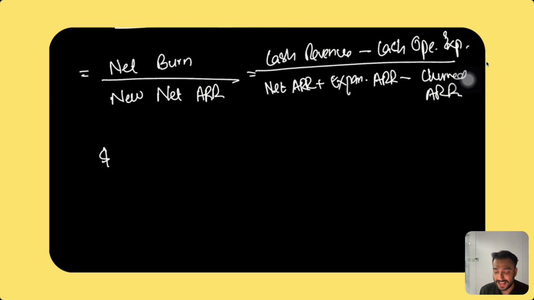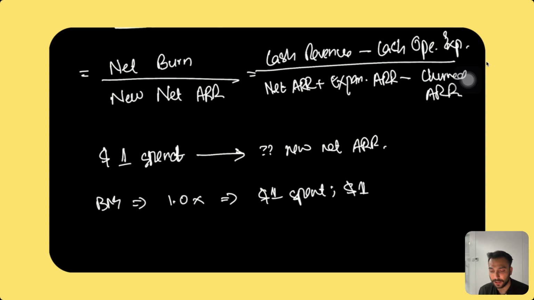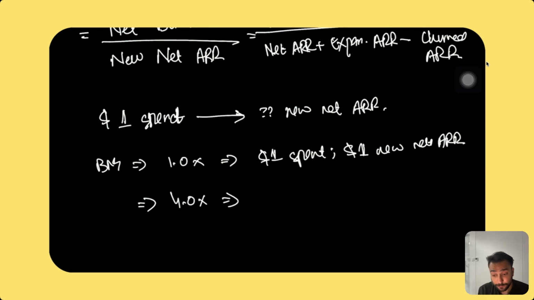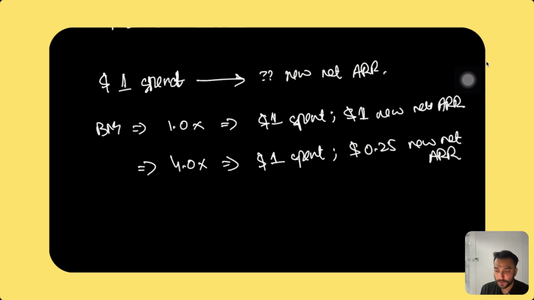Now, what exactly does burn multiple tell us? It tells us that if we spend $1, how much new net ARR are we bringing in? So for example, if our burn multiple is 1, that means if we are spending $1, we are gaining $1 in new net ARR. But if our burn multiple is 4x, that means for every dollar spent, we're only gaining $0.25 in new net ARR, which is not a good thing.